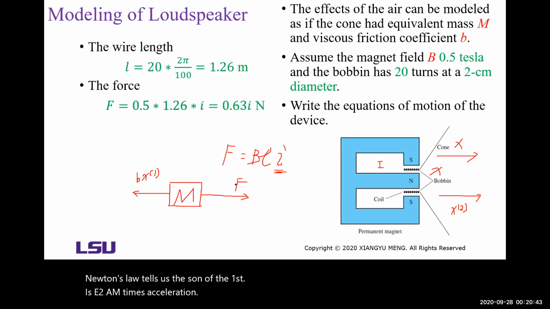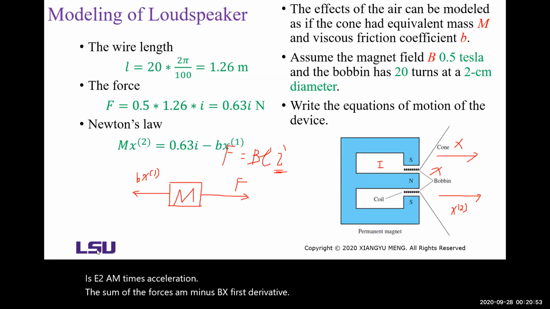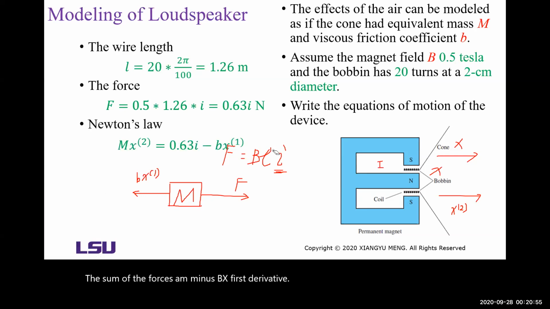The sum of the force is 0.63 I minus b times x first derivative. This is the sum of the force. Then m is mass, and x second derivative will be the acceleration.